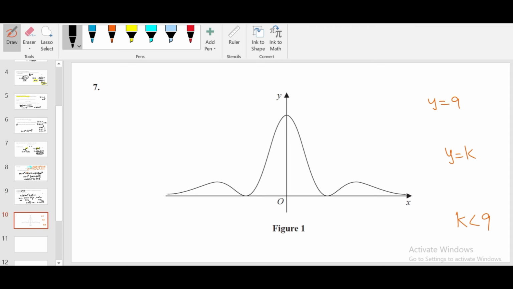So if you look at the graph, this point would be 1.8, this point would be 1.2, right? So we need this point. We need the y coordinate of this stationary point. So you take square root of 7 over 2, sub it into the function to find the y coordinate.